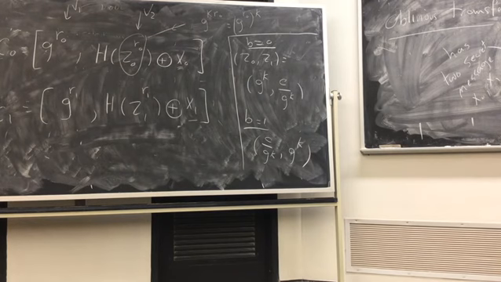So suppose Alice, not Alice, suppose Bob is able to solve the discrete log problem for C. Suppose Bob is able to find x such that C is equal to g to the power x. He will attack both secrets.